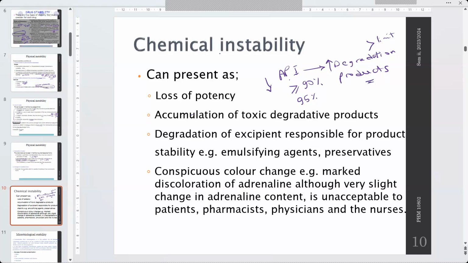So the one that determines the shelf life is not only the content of active ingredient, but also the content of toxic degradation products. So shelf life here is the time required for significant change to happen. Significant change can be chemical, can be physical. Maybe the active ingredient is below the limit. Maybe degradation products are above the limit. Maybe a physical characteristic like dissolution is below the limit and so on. Okay?